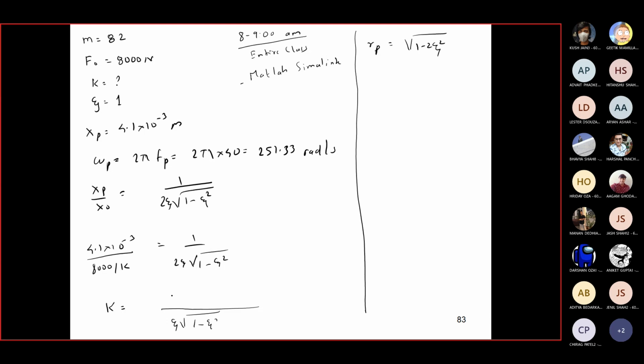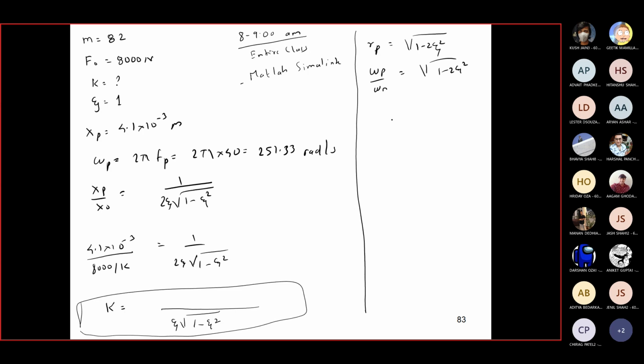Alright, is anybody calculating? Or should I give the value? Okay, so you get one value of k over here. Then I will get another k value from this equation, that is the peak frequency ratio. So Rp, or omega p by omega n, is square root of 1 minus 2 zeta square.